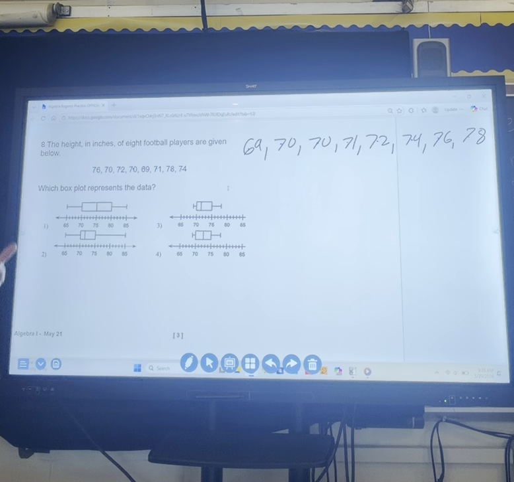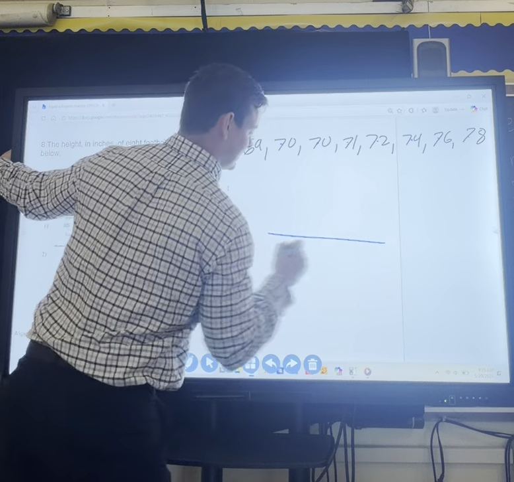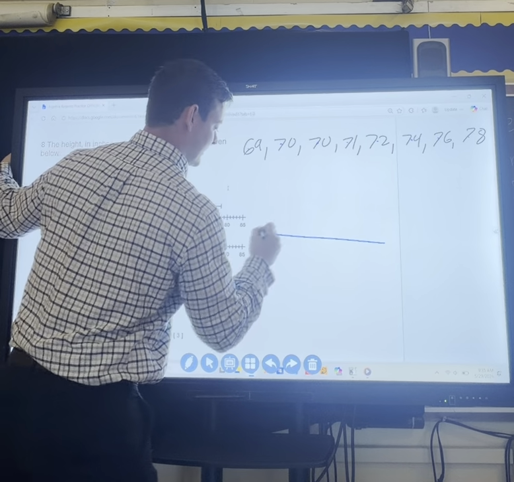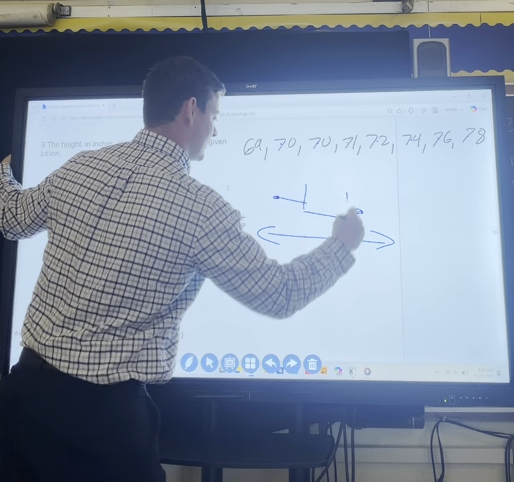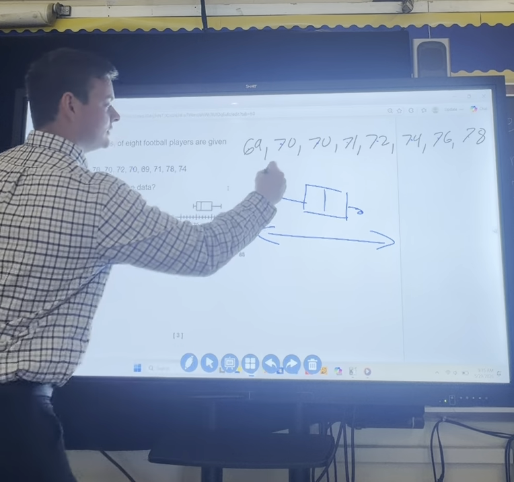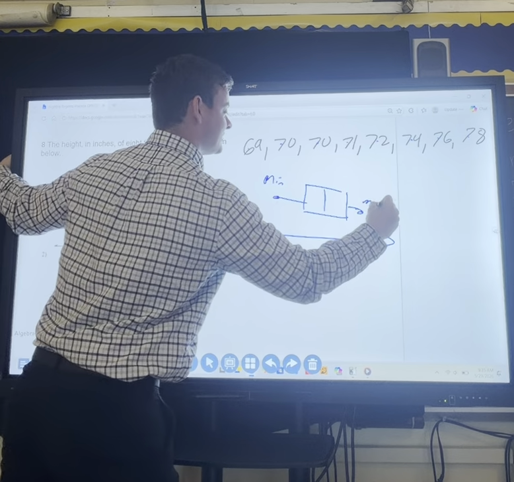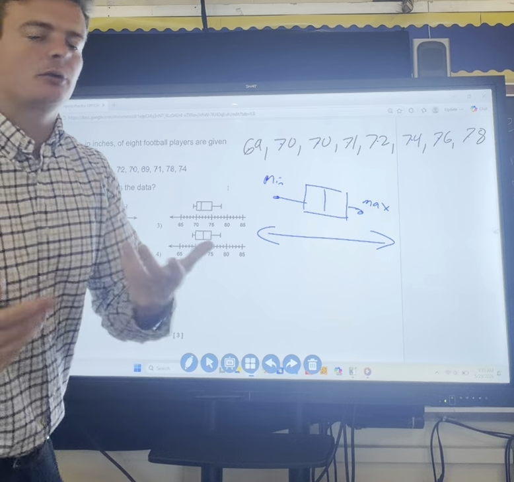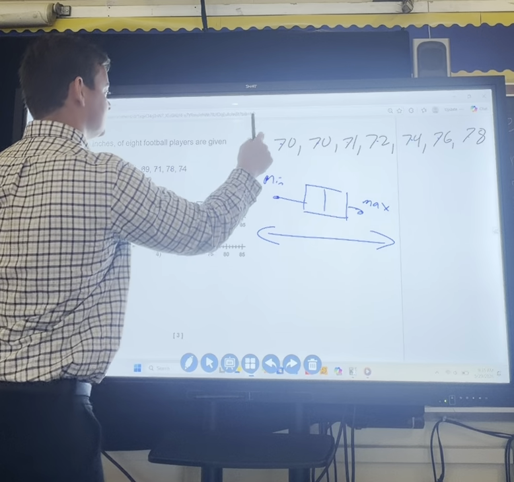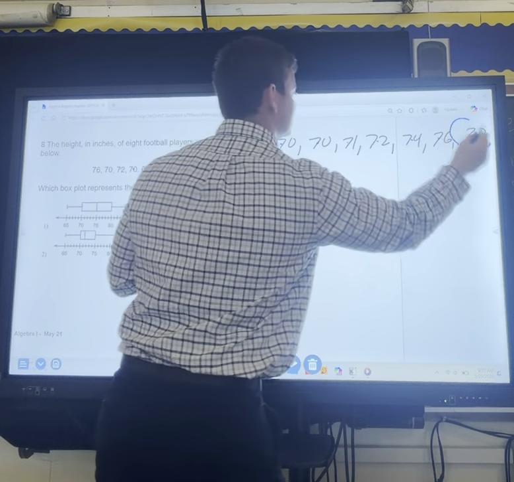For the box plot, the way the box plot works is, this is my number line. It's going to be the minimum value and the maximum value, and then a box in between, right? So the minimum and the max are the two easiest parts to actually see because you don't gotta do much math. What's the minimum? Well, that's just 69. What's the maximum? 78.